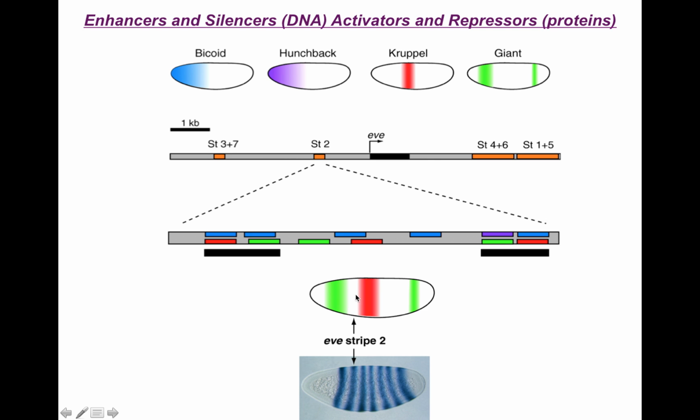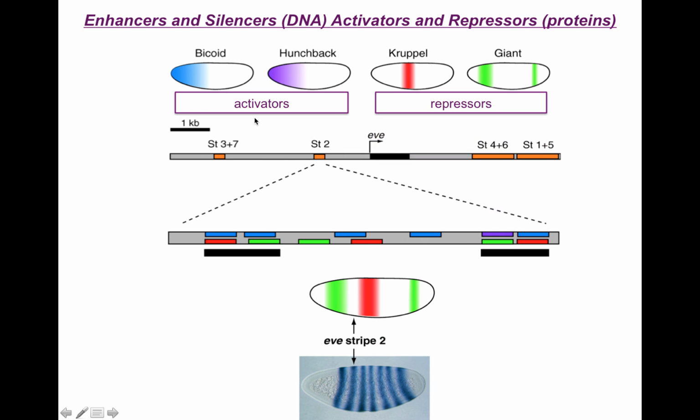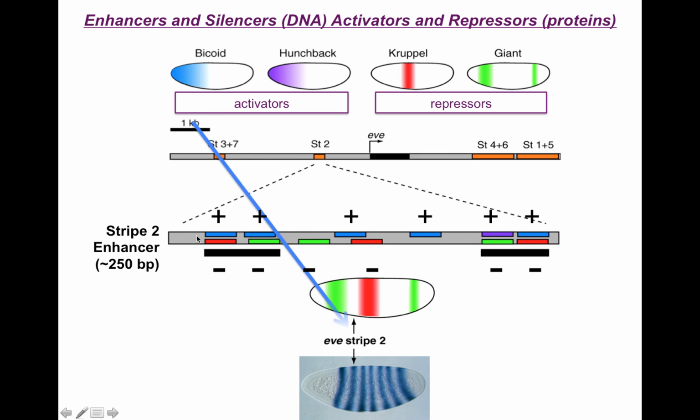So how do you get expression of a transcription factor in just 1 stripe of the embryo? It's by combinatorial control. If you notice, in this region of the embryo where even-skipped is expressed, right down here, activators that can bind to these positions on the enhancer are present.